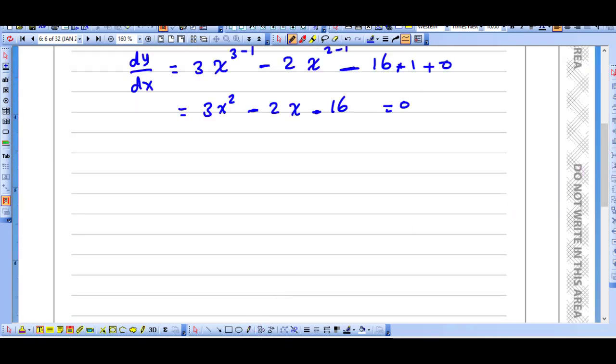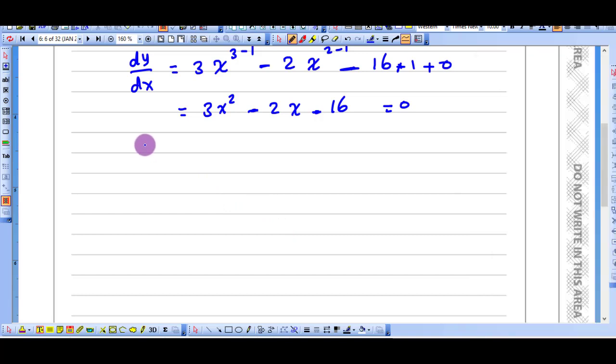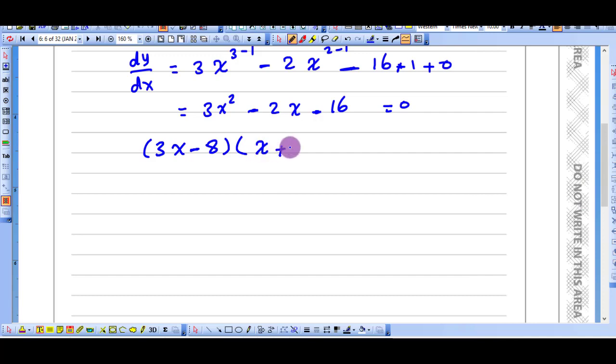So bring your calculator, menu 5, 3. Now we have 3 equal minus 2 equal minus 16 equal. So 3x minus 8 multiplied by x plus 2 will equal to 0.